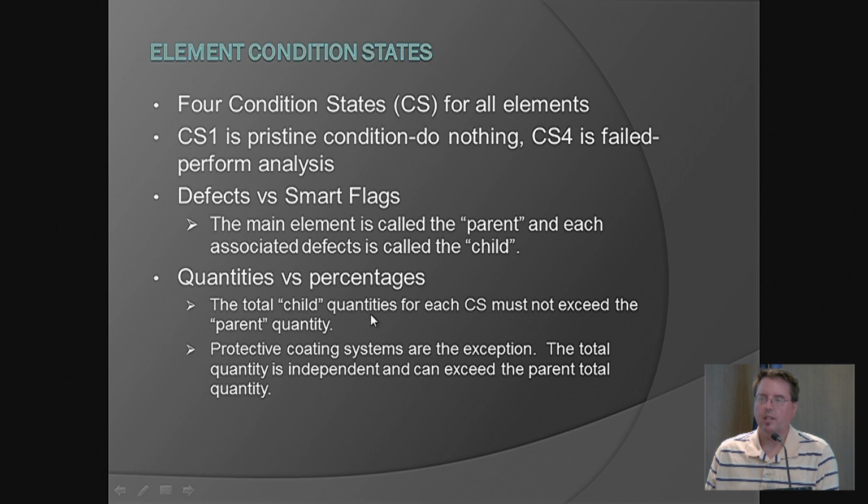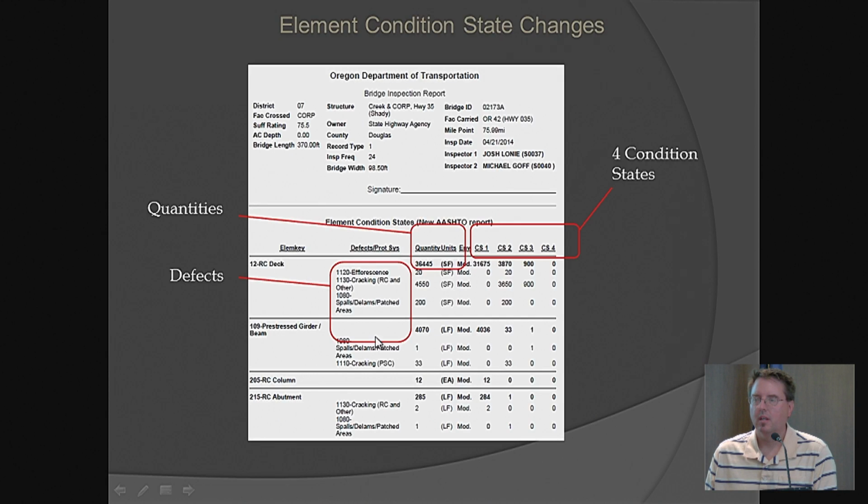And we've talked about quantities and percentages. One thing to note is protective coating systems. I'll show an example; it'll be easier to understand. So on our parent element, we're going to look at decks.